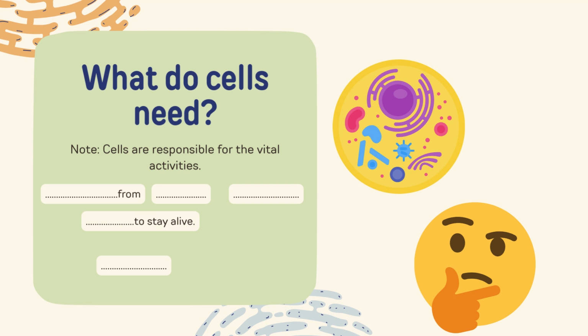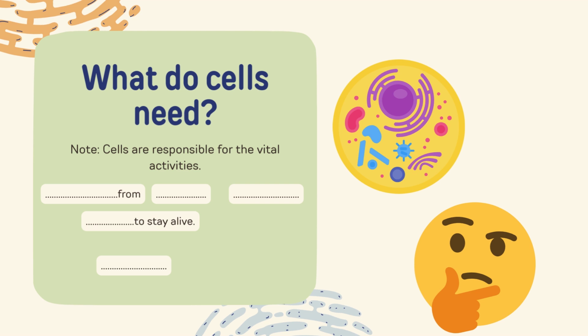So what do cells need to do these functions? Yes, of course, it needs energy, and it gets the energy from food as nutrients that we eat, and oxygen. So here the cells need energy from food and oxygen.